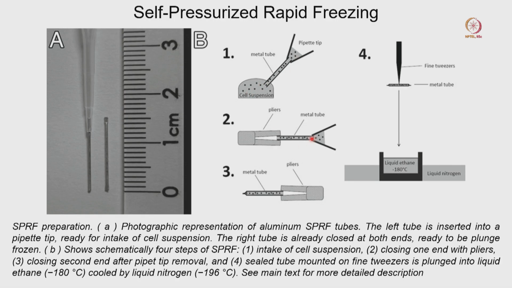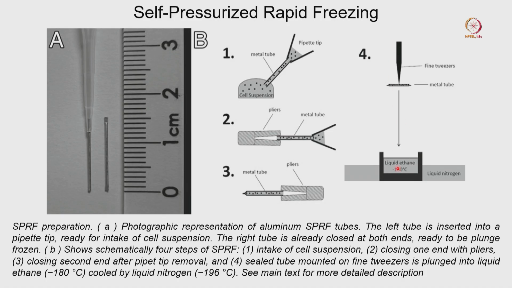One side has a metal tube attached to the pipette, and on the other side we use pillars and fix that end completely, so it should not remove any sample, and we seal that other side also. Now, we take that metal tube and quickly plunge it into liquid ethane at minus 180 degrees.